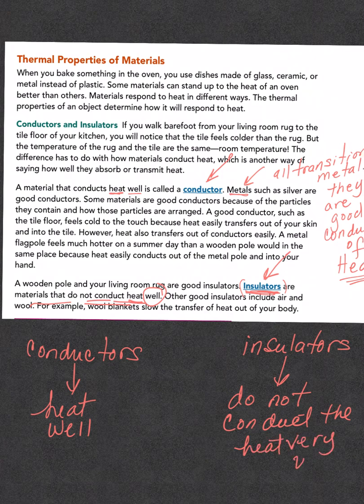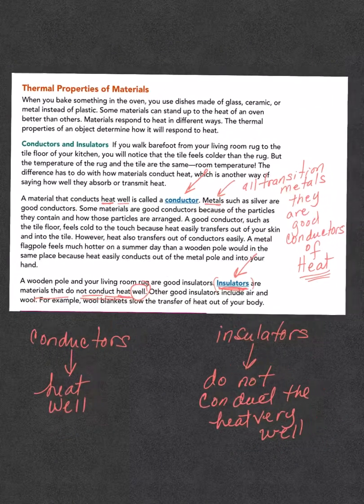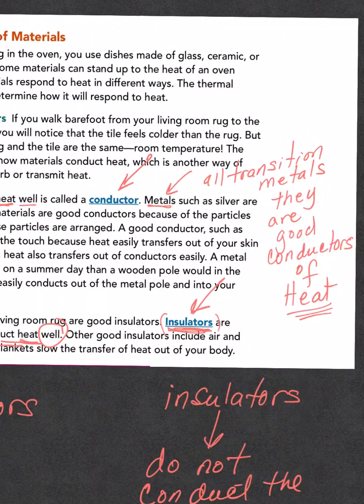And I was explaining before that transition metals are good conductors of the heat, okay, because they're solid. But we have more elements in the periodic table. And when we're talking over here about materials, we're not talking about elements, okay? We're talking about matter in general. It doesn't have to be an element, but I'm using the elements so you can understand this better.